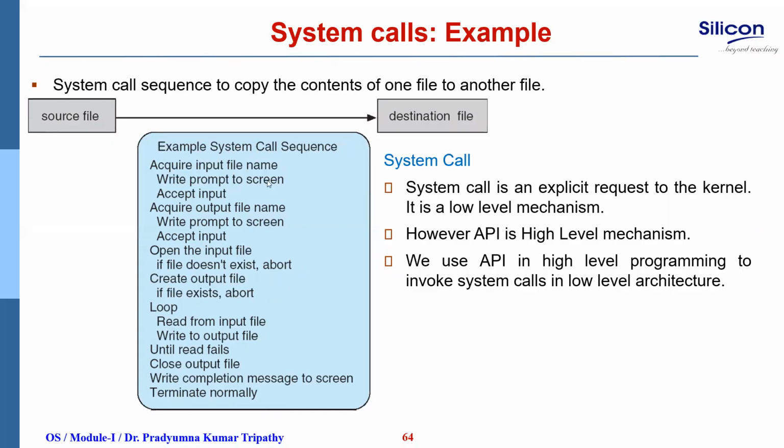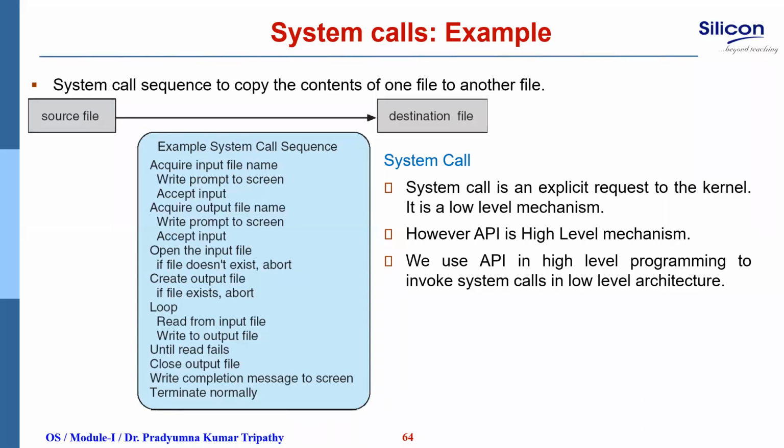Then go for a loop: read from the input file, write to the output file until read fails. So this loop will start from here and continue until read fails. Then when it is over, close the output file, write the completion message to the screen, and terminate normally.